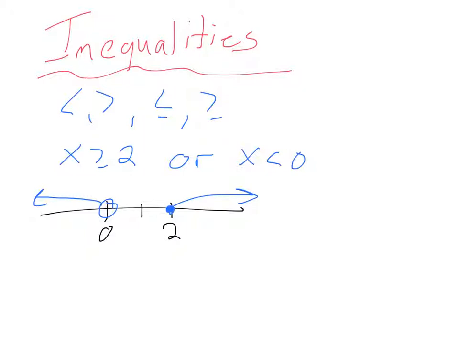We also have, and so we call this particular type, because it's using the word or, what do we call this? There's a couple different words that we associate with the word or. Can you guys remember any of them? These two regions, the one to the left of 0 and to the right of 2, are not connected. What's the word for not connected?